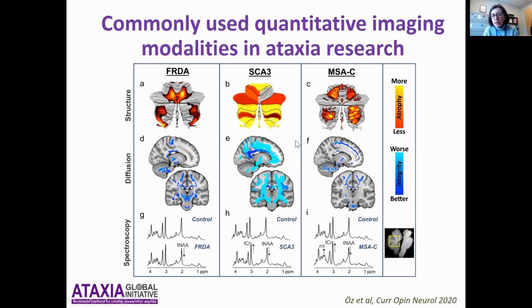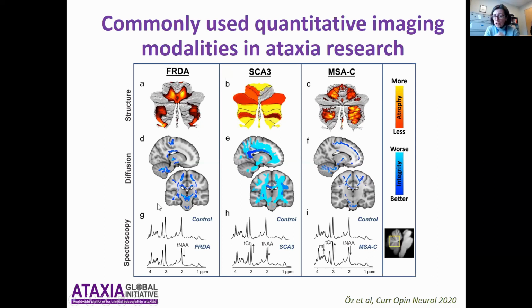And already by looking at the color map, which displays the effect of the atrophied regions of interest, you can see these are disease specific. The regional involvement in Friedreich's ataxia here is different from MSA-C. For SCA3, we are looking at a region of interest analysis, whereas these are voxel based. That's why the maps look different, but just to give an idea of different patterns of involvement.